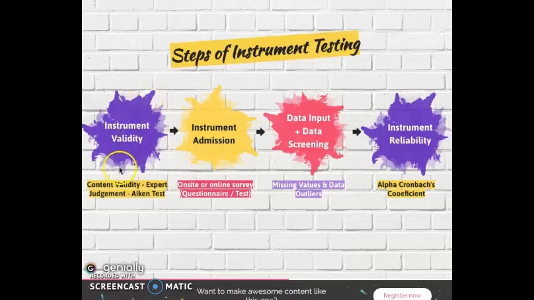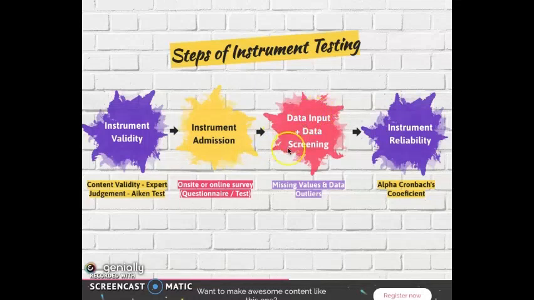Usually you aim for the content validity for the undergraduate students, which is done by doing the expert judgment, and then you analyze it with the icon test. And then after your instrument is valid, it is then ready to be distributed or administered to your respondents. Remember, don't forget about the minimum numbers required for the total respondents.